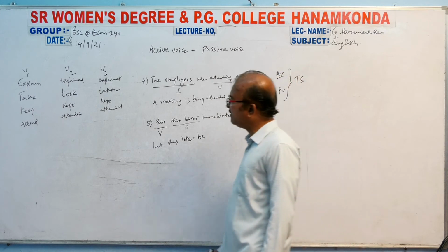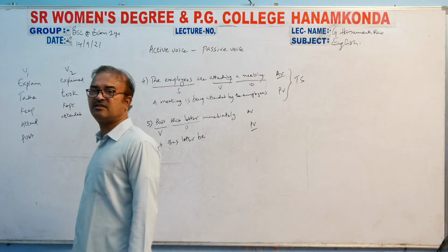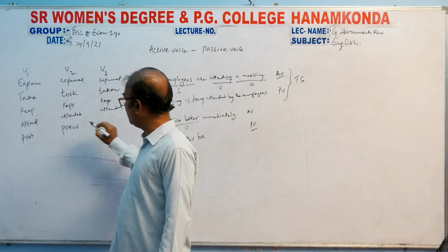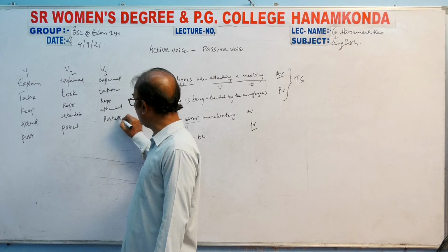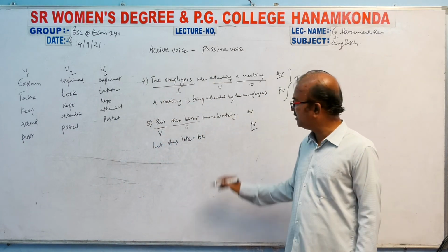Let this letter be. The verb is post, present tense. Past tense is posted. Past participle is also posted. So let this letter be posted.